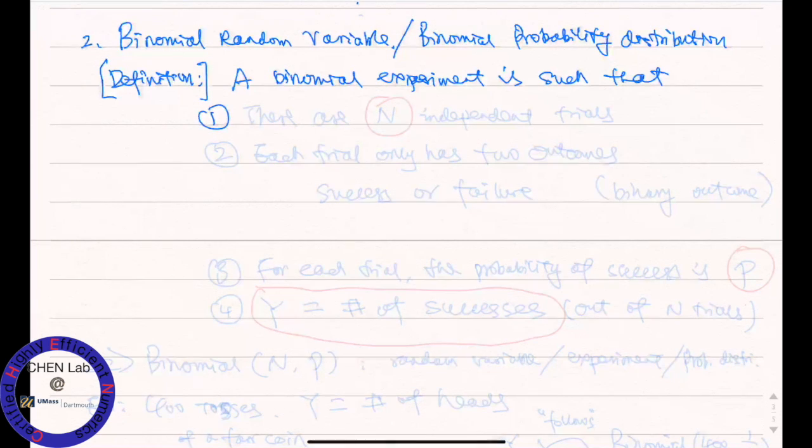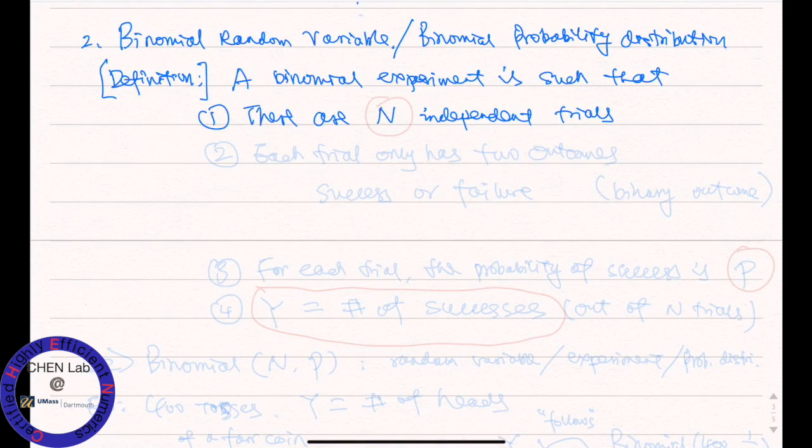Number one is that there are, we're going to use the letter n, a number. For the coin tossing example I gave you in the first class, n is 400. You toss the coin 400 times, right? There are n independent trials. You try something n times.